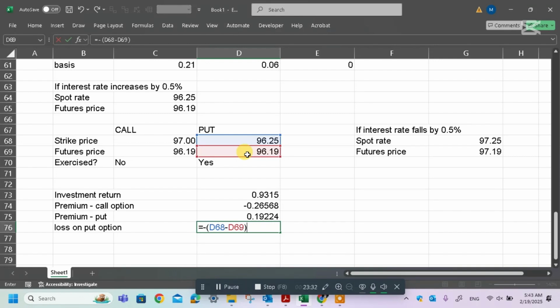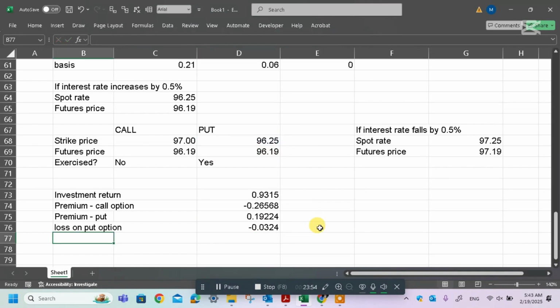That will be 3.75 and 3 point some percentage divided by 100 to make it percentage into 1 million into 6 by 12. Why, these are all annual rates, but our requirement is only for 6 months. So 6 by 12. This is the loss on each contract, 108 contracts.